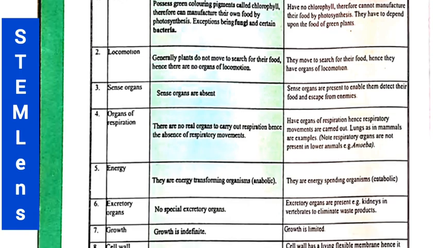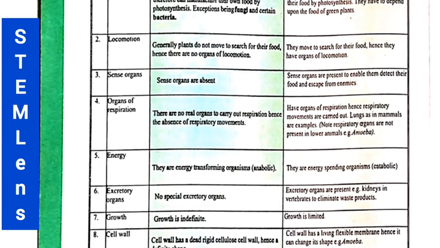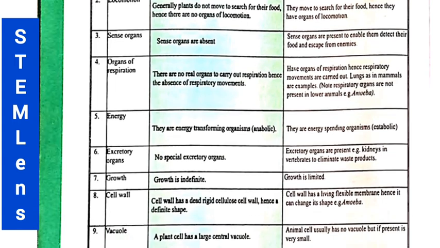Number 5, we have energy. Plants are energy transforming organisms, they are anabolic, they build up energy, while animals are energy spending organisms, that's catabolic, breaking down. Excretory organs: there are no special excretory organs in plants, but in animals we have special excretory organs.